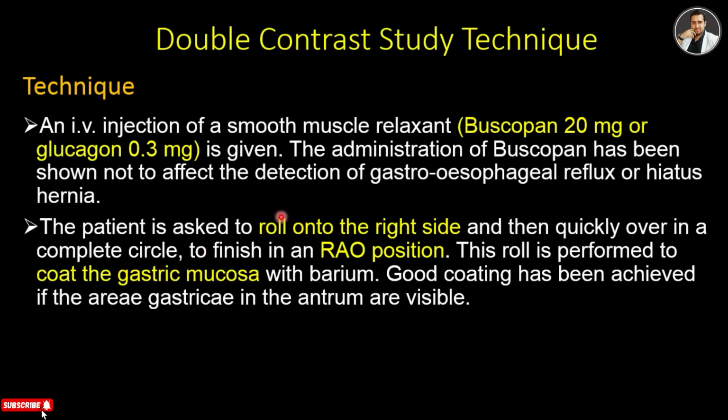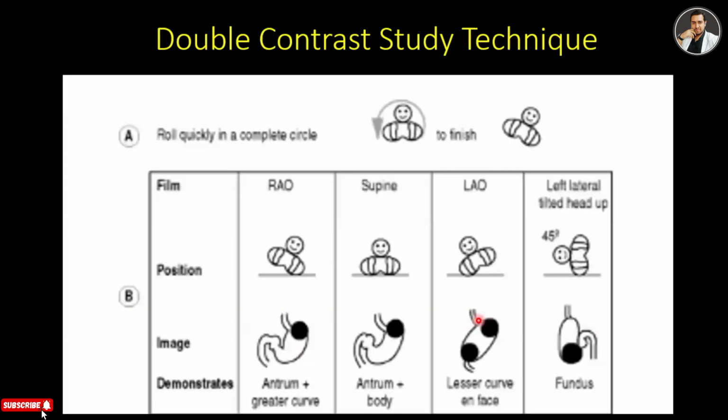So ask the patient to roll over and end in a right anterior oblique position, and this will help to coat the gastric mucosa, and when good coating has been achieved, the areas in the gastric antrum are visible. So it will be clear when you see the diagram.